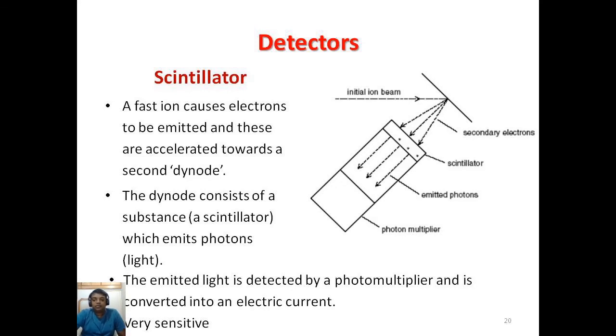The scintillator provides photons from these electrons, and the photons are again multiplied. The diode consists of a scintillator substance which emits photons, and we identify only the photon current associated with the particular molecule. This is a very sensitive detector, and you can identify up to 0.4 decimal mass difference of each and every molecule.